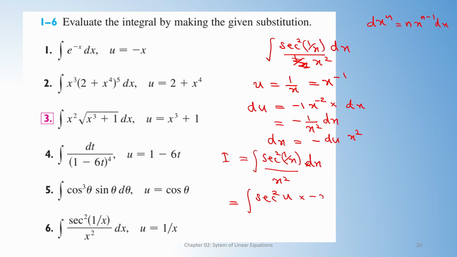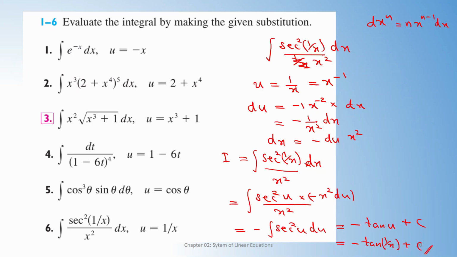Dx is minus x squared du, over x squared. So you have minus sec squared u du. Differentiation of tan is sec squared, therefore the integration of sec squared is tan u plus integral constant. So it is equal to minus tan u, where u is 1 over x, plus c. That's how you obtain the solution of the integral.